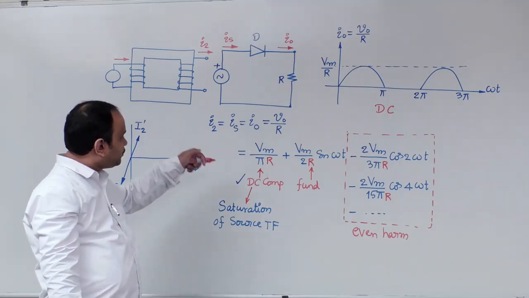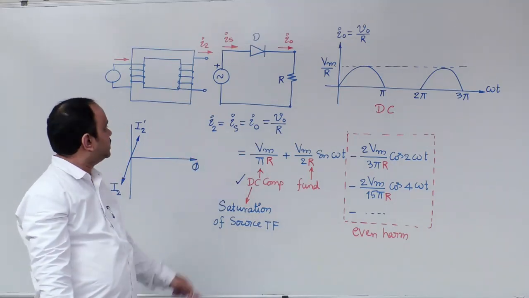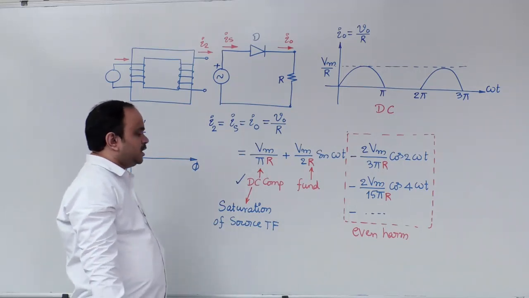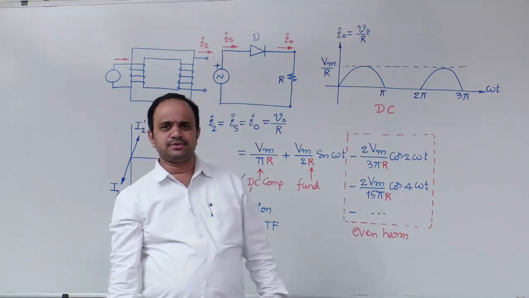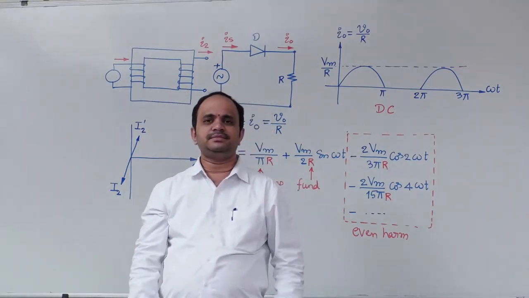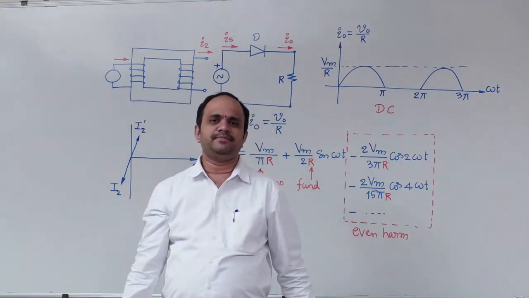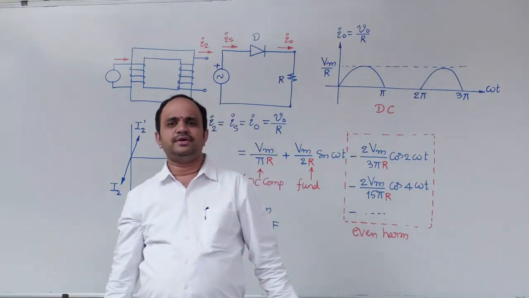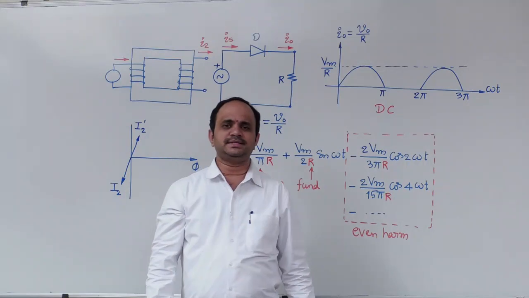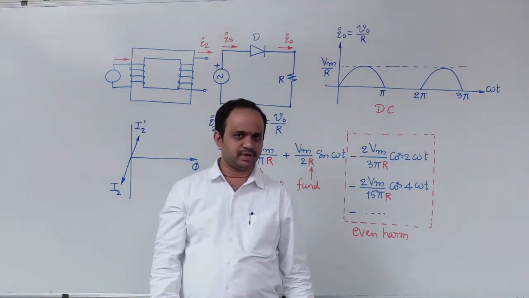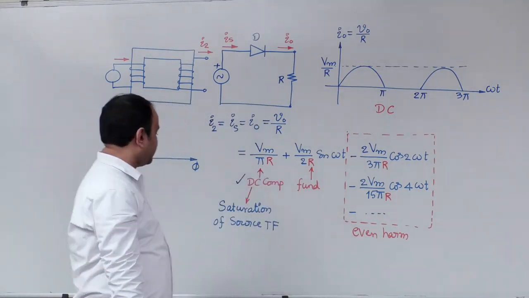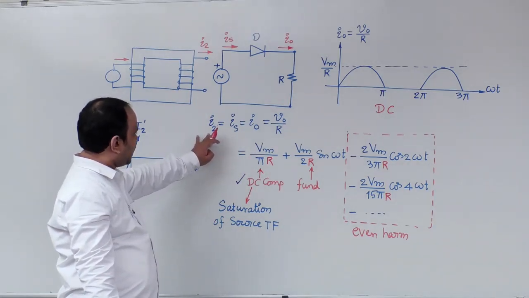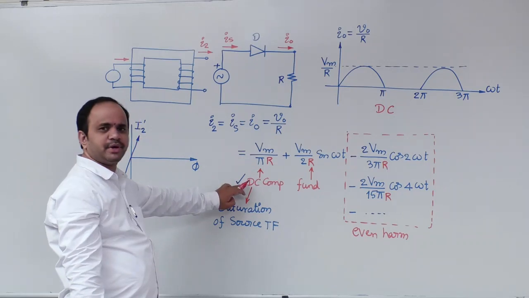So this is the basic drawback of the half-wave rectifier circuit. Try to understand very carefully. Input for any rectifier circuit will be taken from some transformer. Half-wave rectifier action is equivalent to placing a diode in the secondary of a transformer. Therefore, the source current or I2 of the transformer will have a DC component.